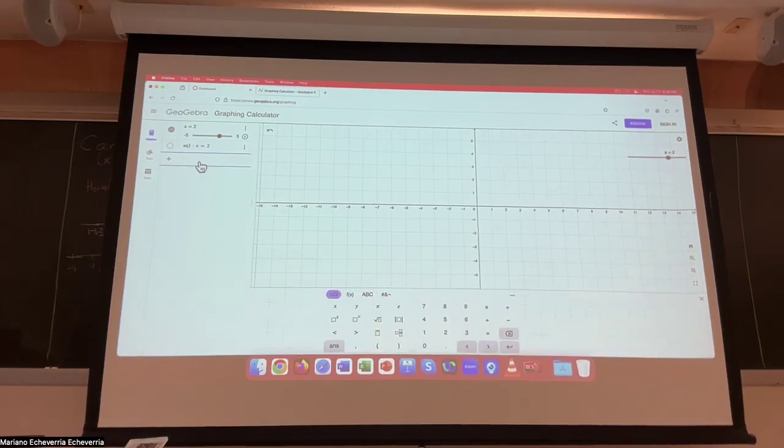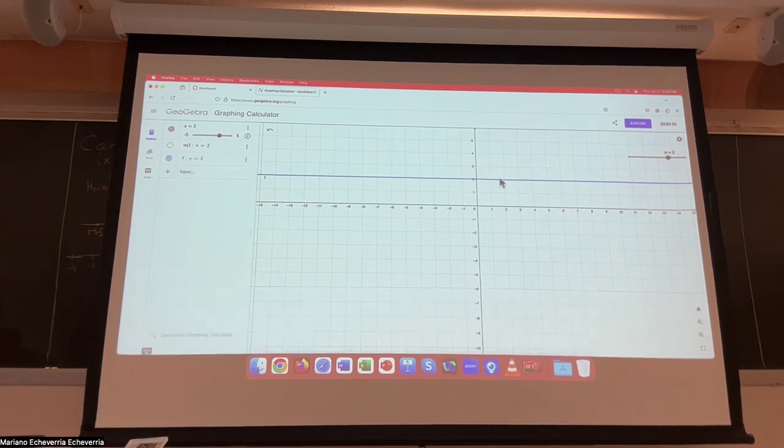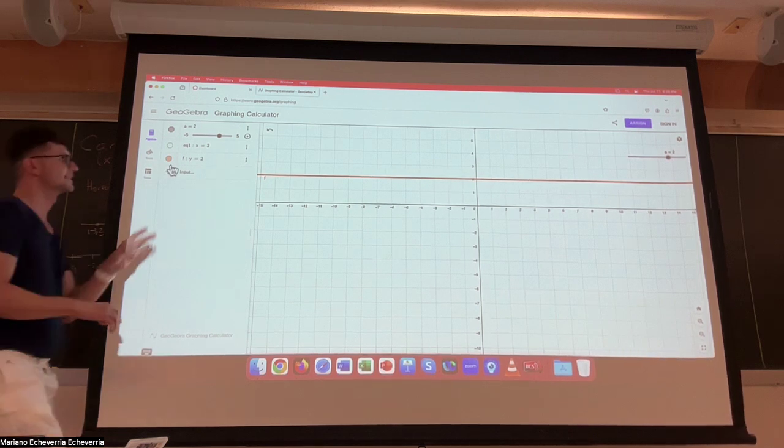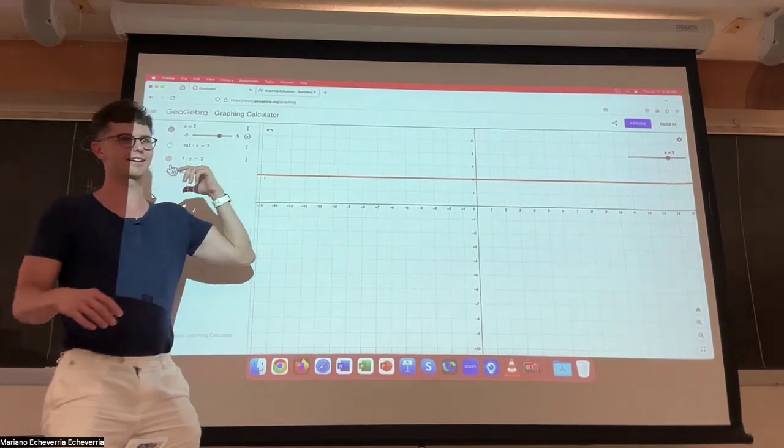Okay, and then I can put something like y equals a now. I can even change the color, and you can make them thicker so that it's easier to see them. And look, good coincidence, this is y equals 2, which is exactly the same one that I had on the board.